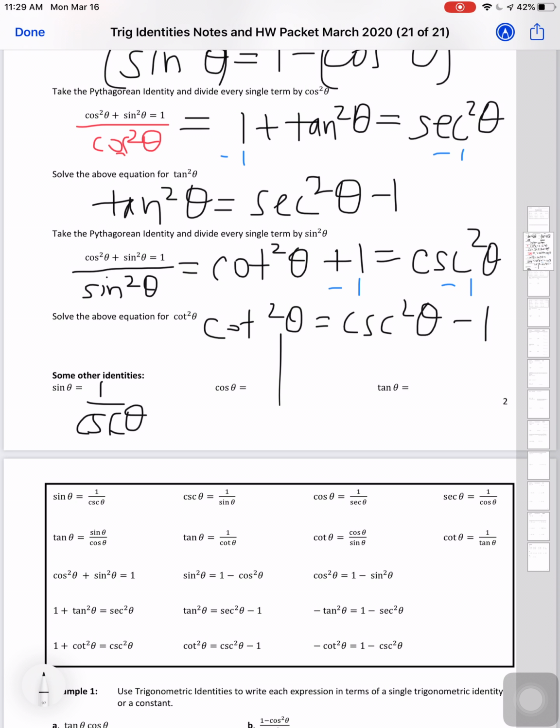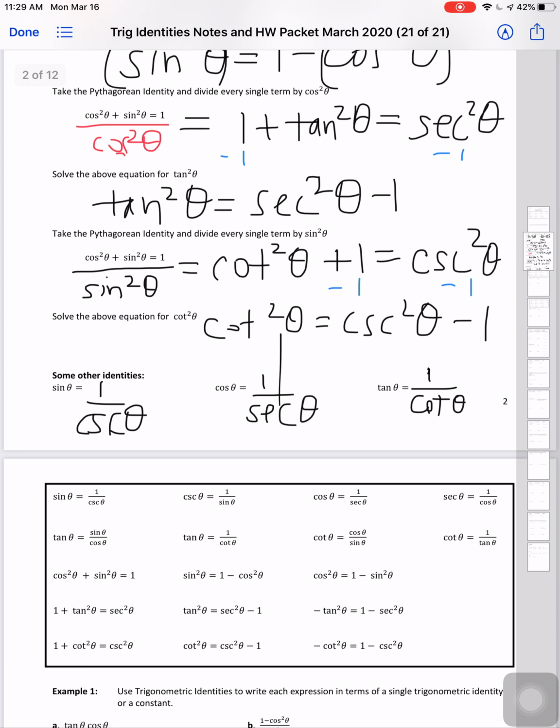We have cosine, that is 1 over the secant of theta. Again, they're reciprocals. And then tangent would be 1 over cotangent as a reciprocal function.